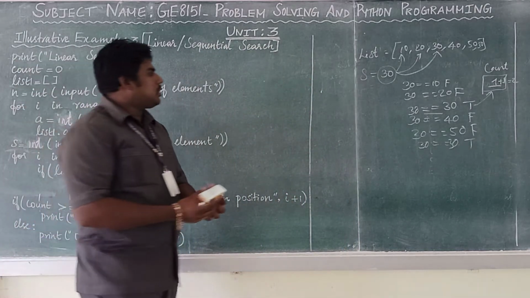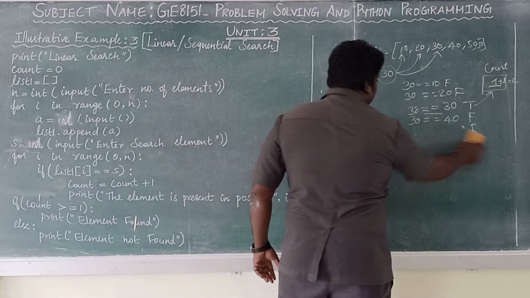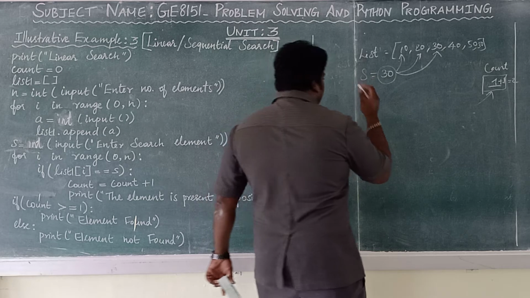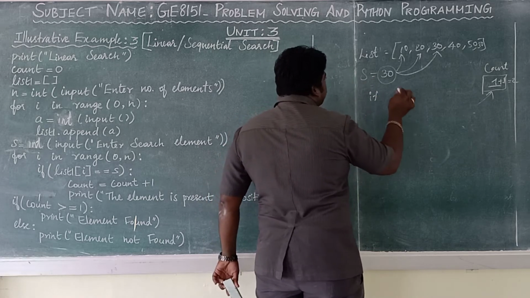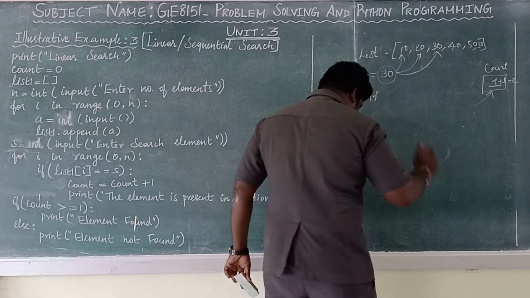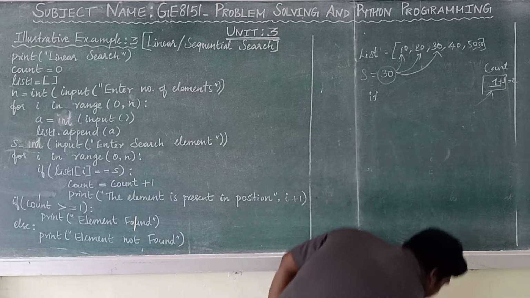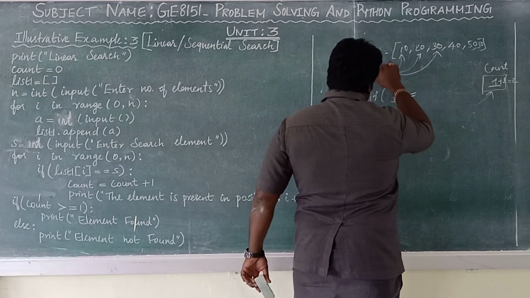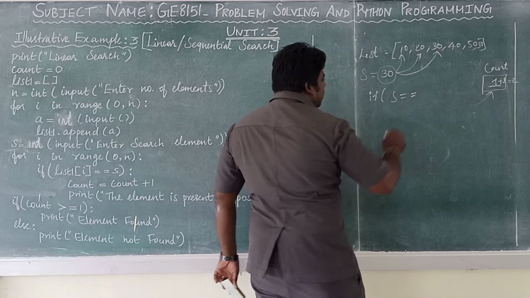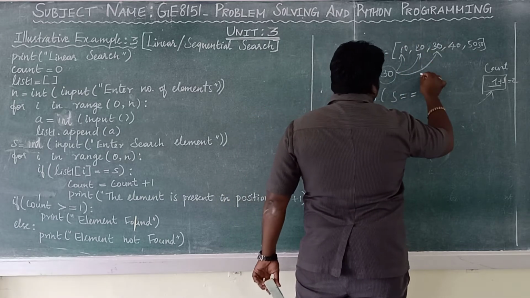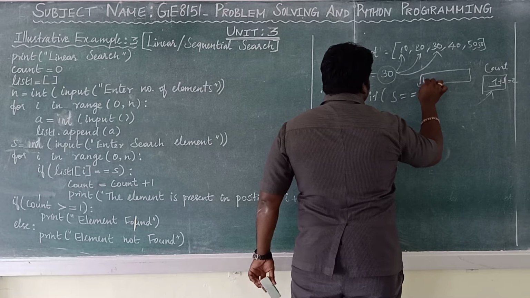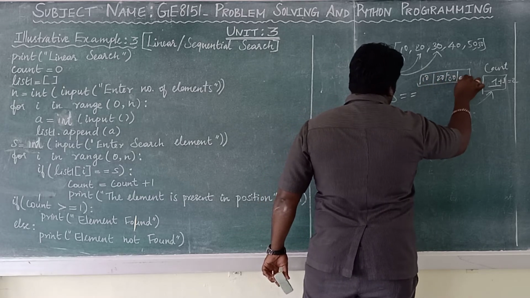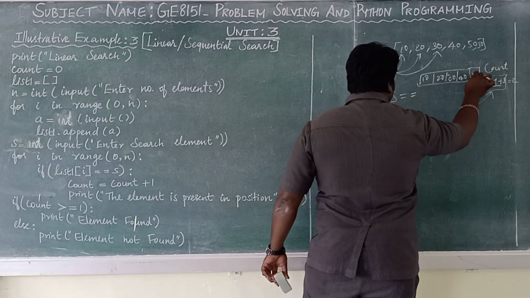So how to check? I want to perform this logic. The list will be stored like this: 10, 20, 30, 40, then 50.